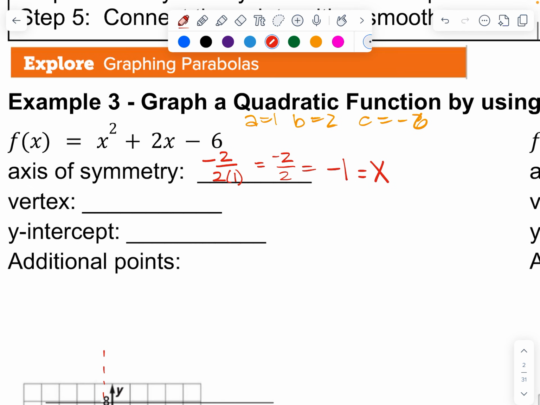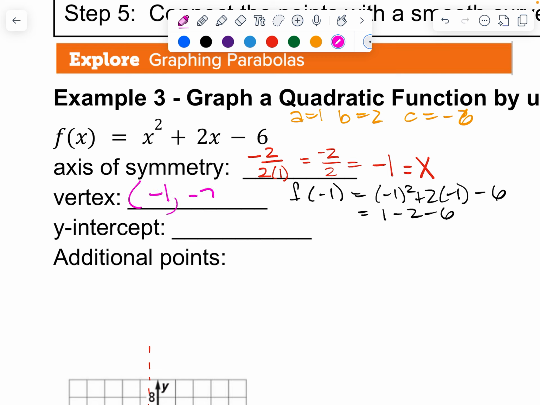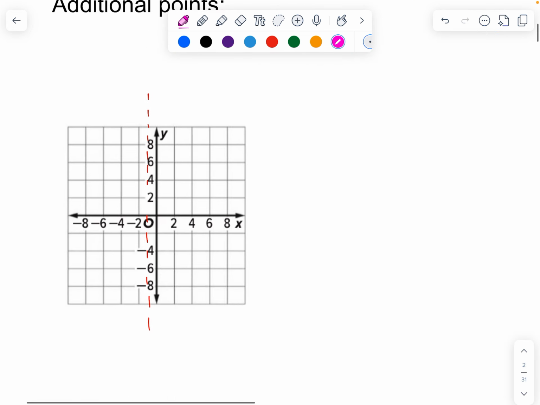Then for my vertex, I'm going to take that negative 1 and plug it in. So I have the equation f of negative 1 equals negative 1 squared plus 2 times negative 1 minus 6. So that's going to get me 1 minus 2 minus 6. So my vertex is going to be negative 1, negative 7. Negative 1, negative 7. So that point is right here.